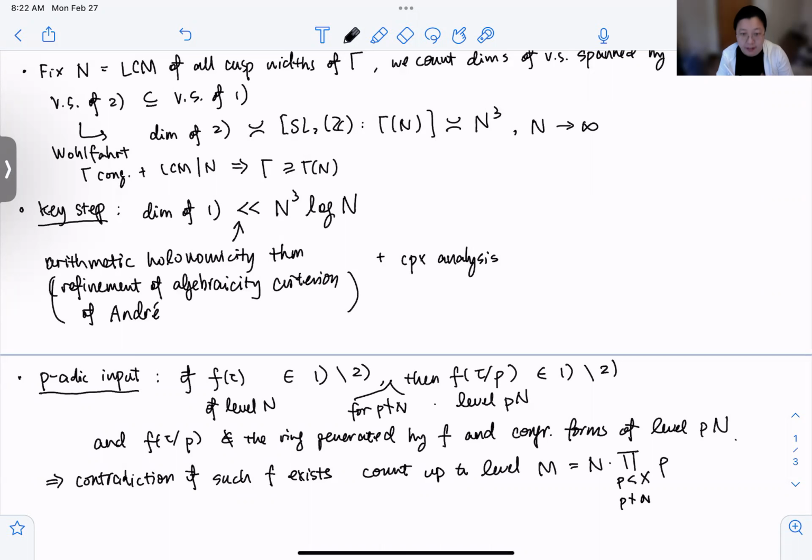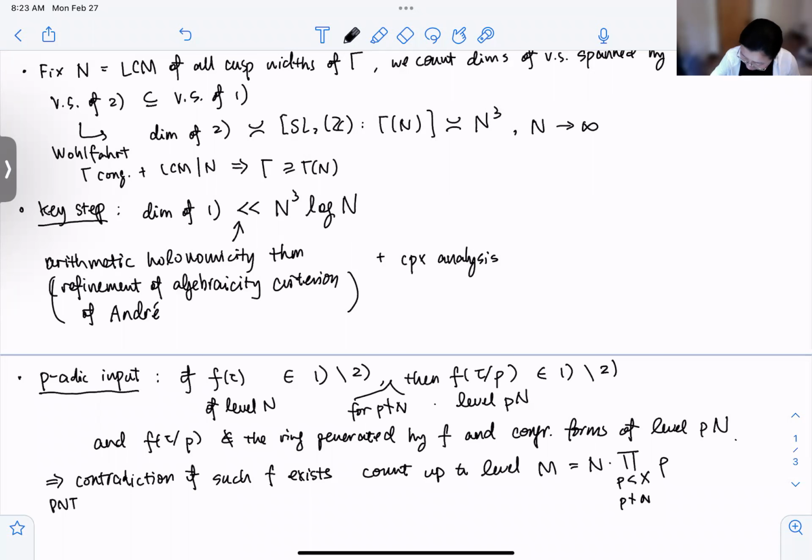So for each p we have extra counterexamples, and on the other hand, we still have the upper bound and lower bound. This is an exercise from the prime number theorem, which I will not go into the details of.